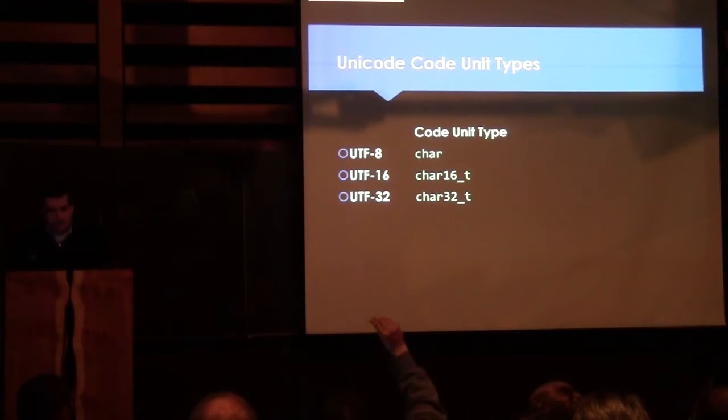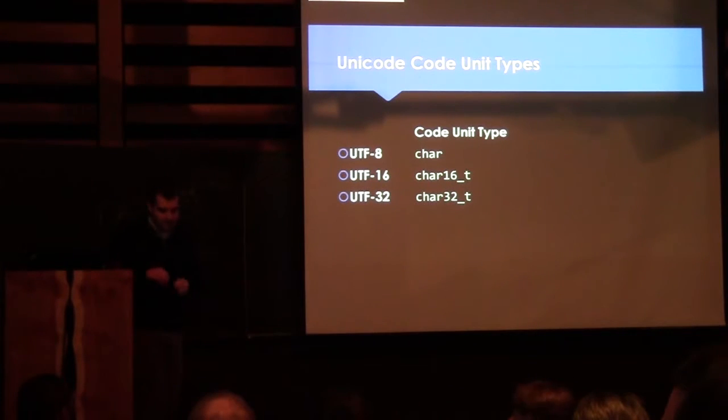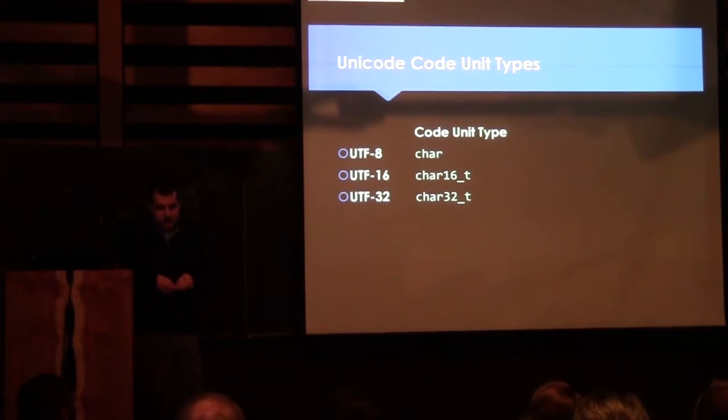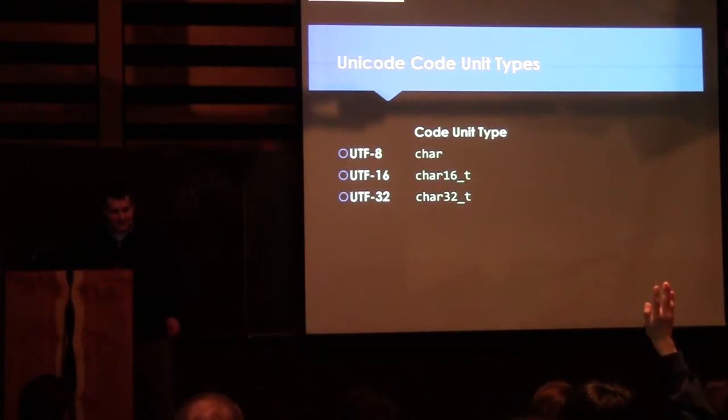Something that has annoyed me since C++11 came out is that UTF-8 is char instead of unsigned char, because we need all 8 bits and we mostly do bit manipulation. Char may be unsigned, or it may not be. That's not what we need.